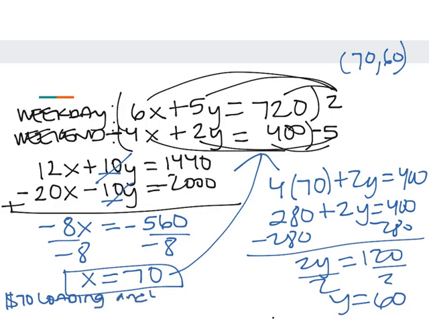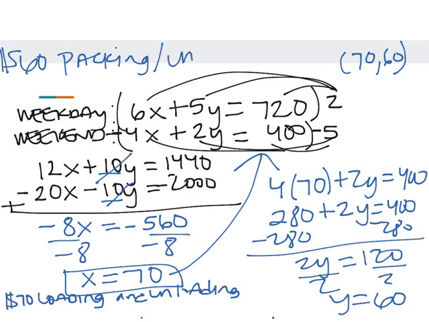That's their hourly rate. And then we have $60 per hour for packing and unpacking. That's how you determine their hourly rate, so we know how much they are charging us.